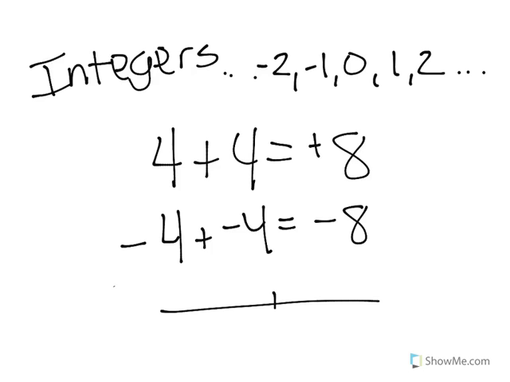If we did it on a number line, start at 0. If it's negative, you go to the left 4 spots. And then we have another negative, so we're going to go 4 more, and we get -8.